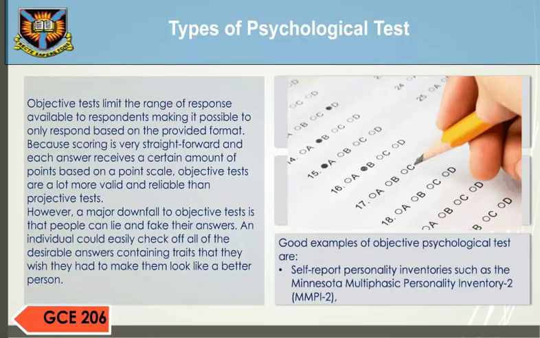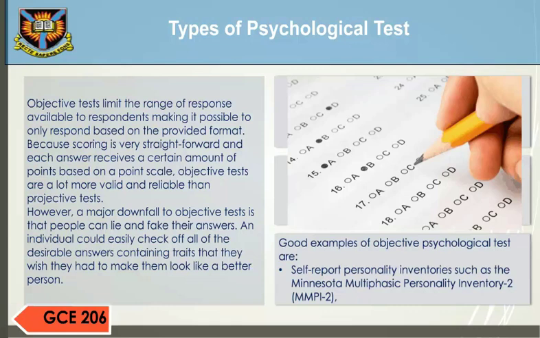Objective tests limit the range of response available to respondents, making it possible to only respond based on the provided format. Because scoring is very straightforward and each answer receives a certain amount of points based on a point scale, objective tests are a lot more valid and reliable than projective tests.